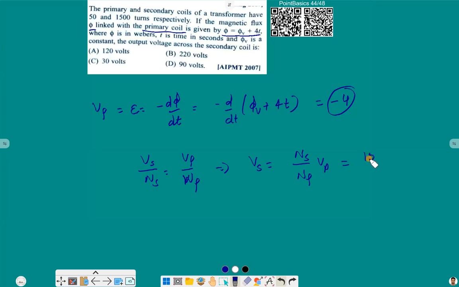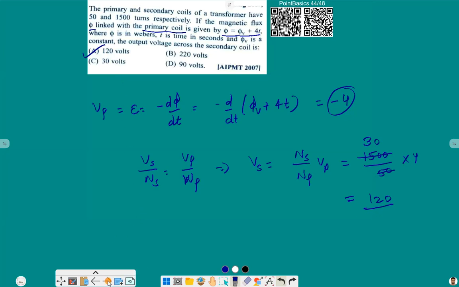Number of turns in secondary are 1500 divided by 50 into 4. So this will be 30, and 30 multiplied by 4 will be 120 volts. Option A will be the right answer here.